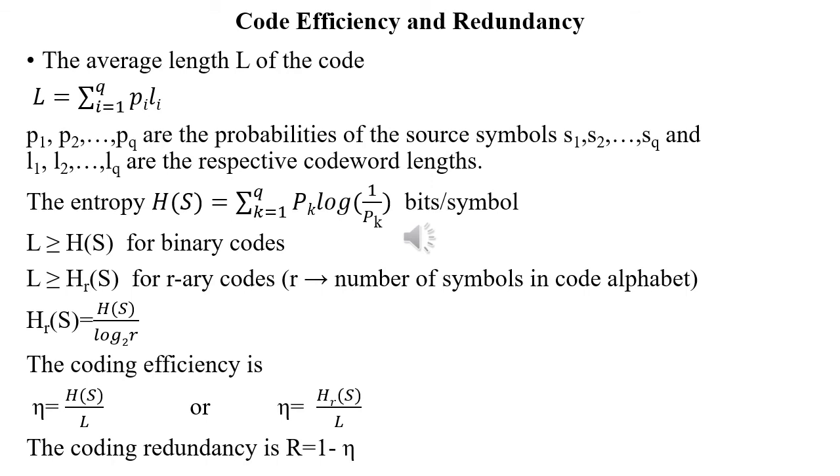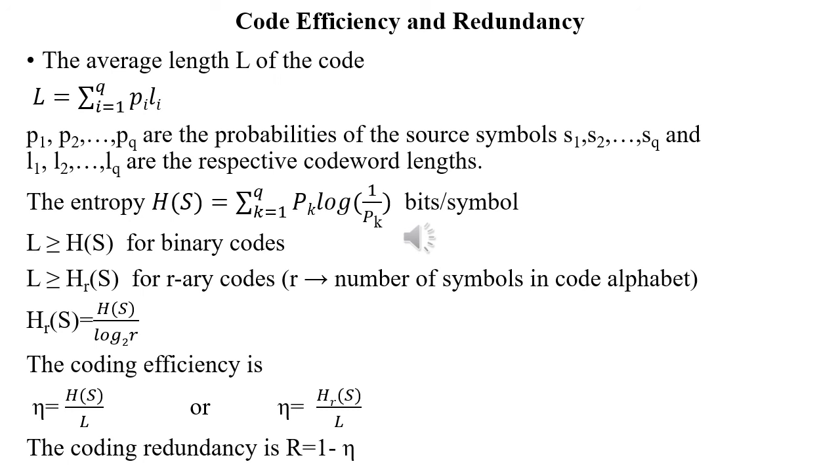Next is the code efficiency and redundancy. The average length L of the code is L equal to summation pi li, where p1, p2 up to pq are the probabilities of the source symbols s1, s2, sq, and l1, l2, lq are the respective code word lengths.